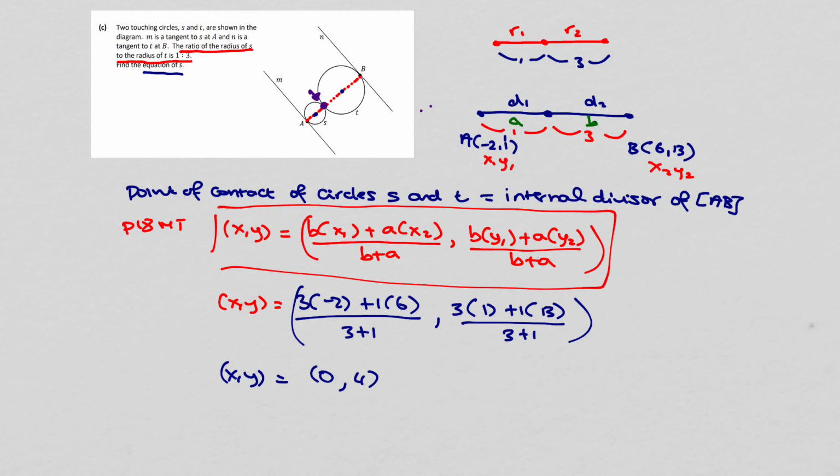So now we need to work out what is the centre and the radius of this circle S. So let's draw the circle S and mark in what do we know. So we know A is an end point of the diameter of the circle S. That internal divisor we've just found is the point 0, 4. So I need to find C and I need to find the radius. So obviously the centre of the circle is just the midpoint.